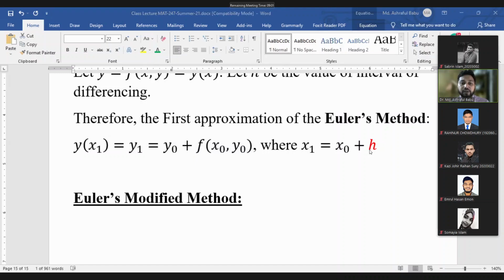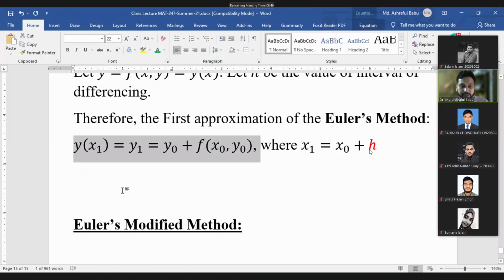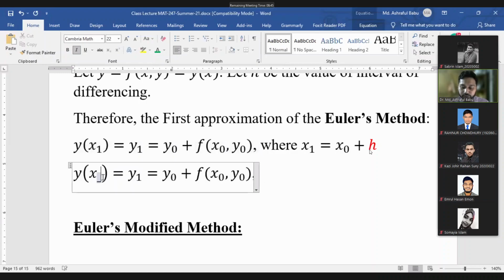As a side note, y1 is the first approximation. If you want to find the second approximation, y2, then what will be the result? y2 will be like this one: f of x2, and that will be y.